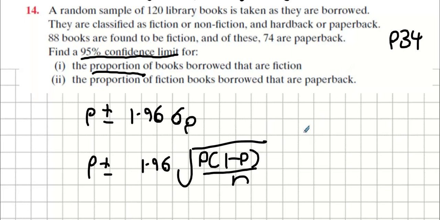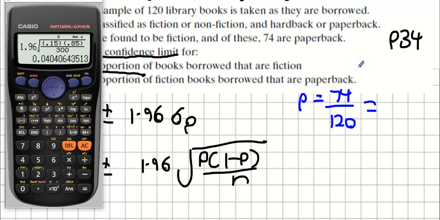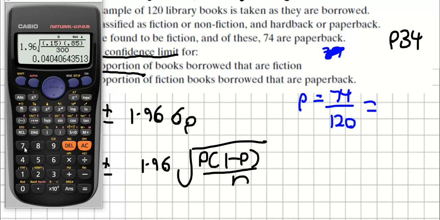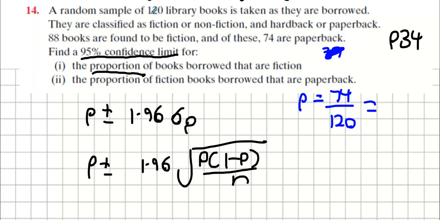So my p-value is 74 divided by 120, which is what as a fraction? 37 over 60, is it? Give me a sec. 74 over 120. Oh, sorry.